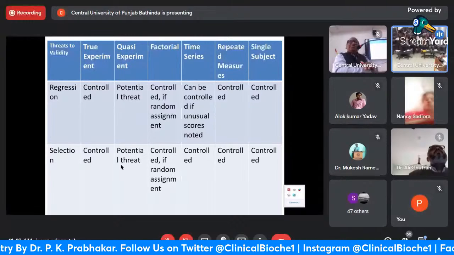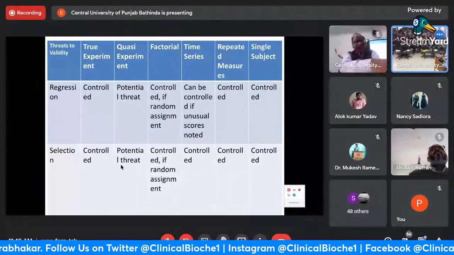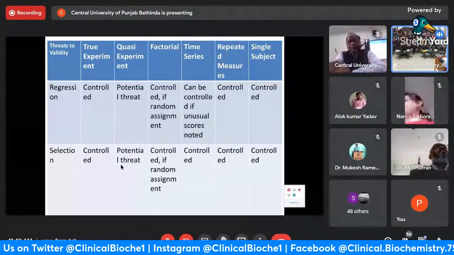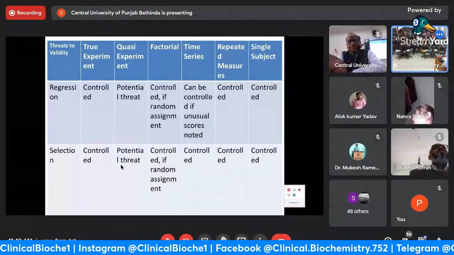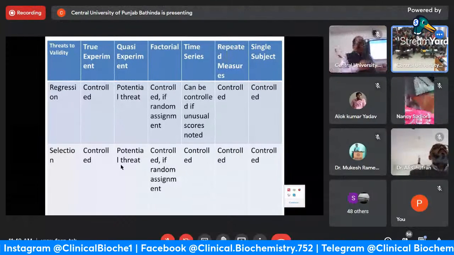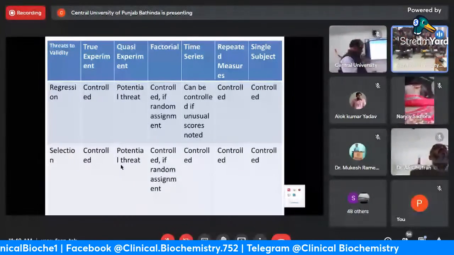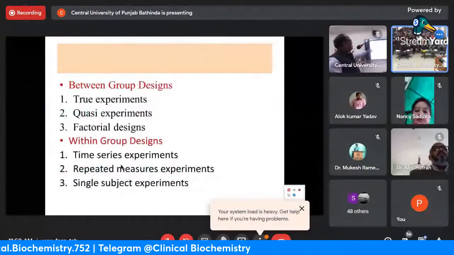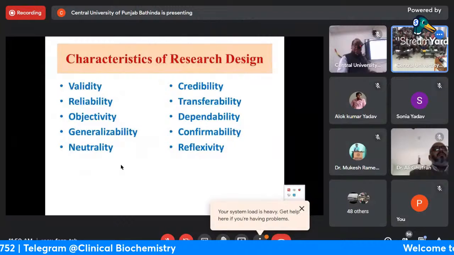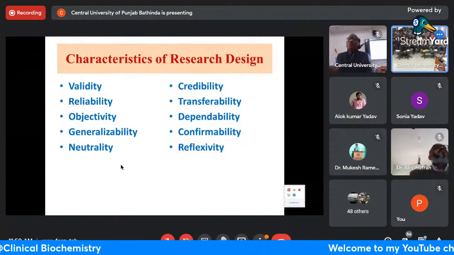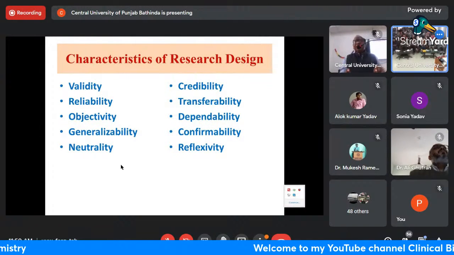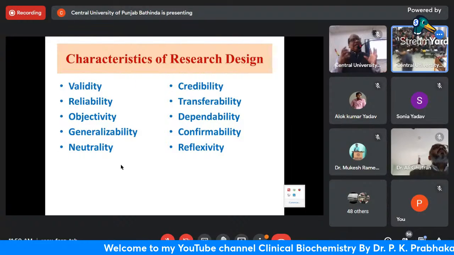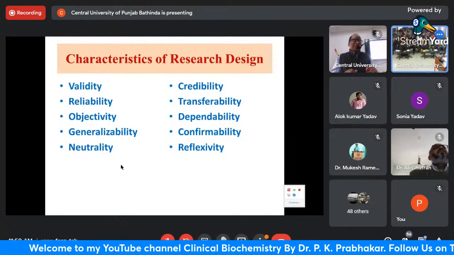Sir, there is one question. Can you please elaborate a little about the key characteristics of qualitative research design? Okay, let me open that one. In qualitative research, fundamentally, we collect the data in a narrative format.